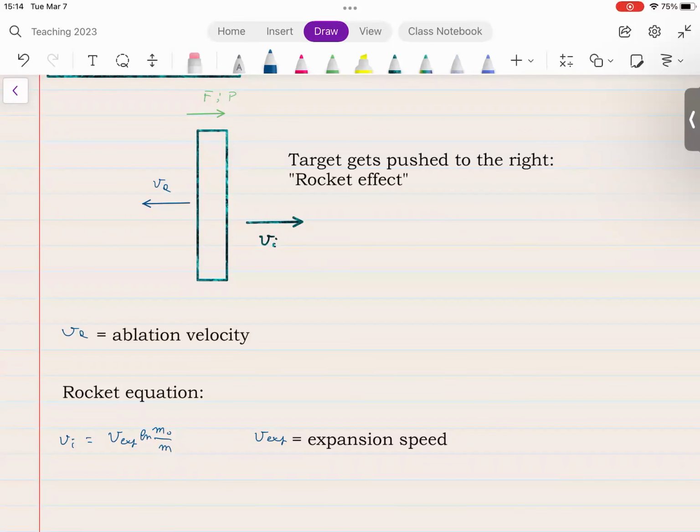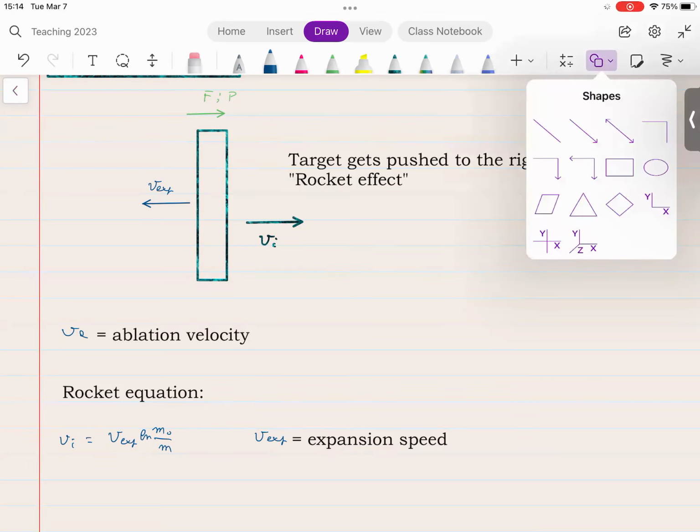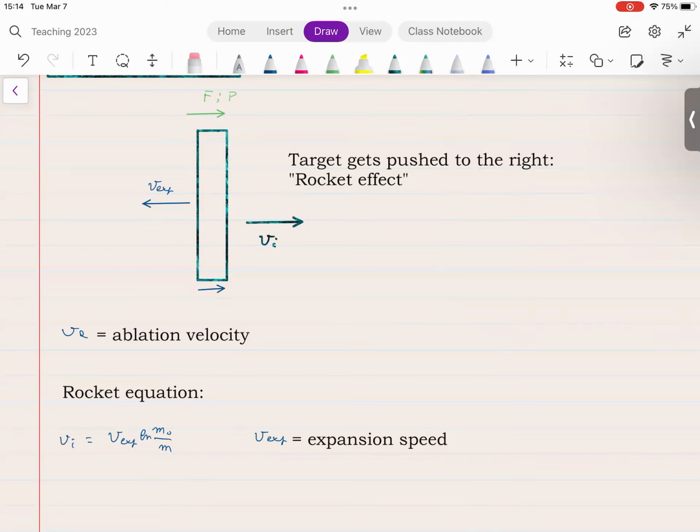And now I need to fix my figure here, because I just realized that we're talking about the expansion speed that I called something else. I mixed names. This one is the expansion speed. Sorry about that. Where, in fact, with the ablation velocity we mean something else, which is the velocity of the foil, the velocity with which the foil moves.